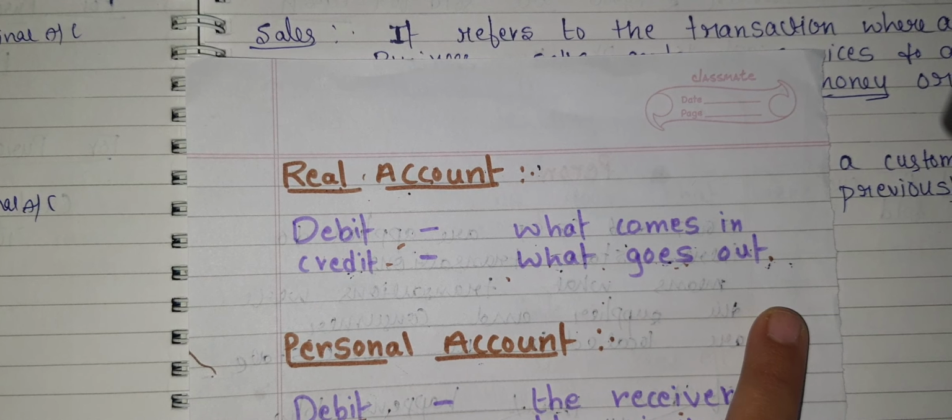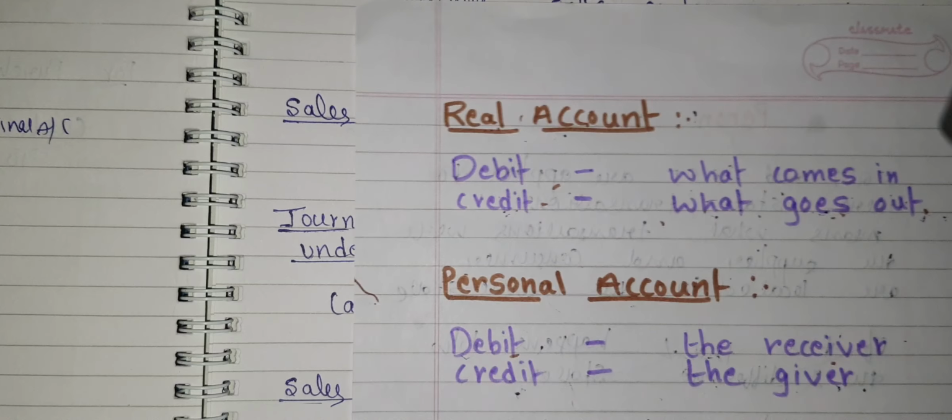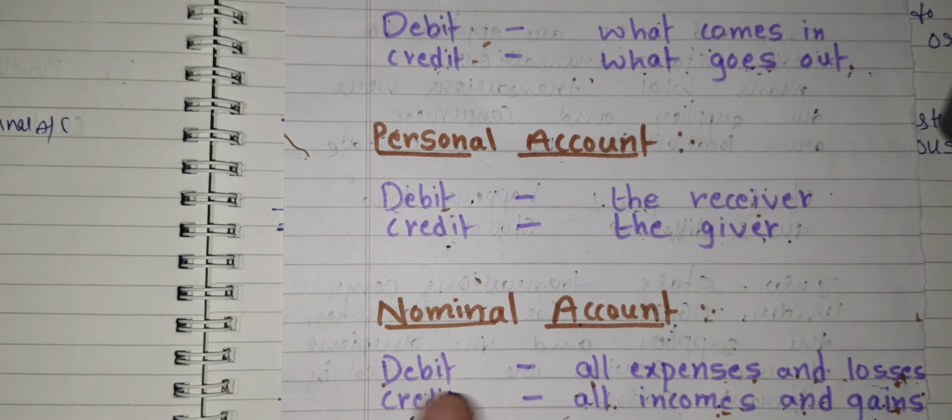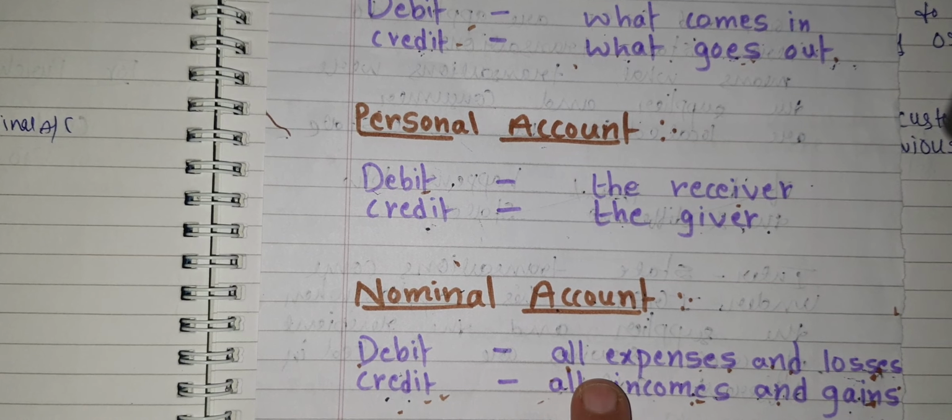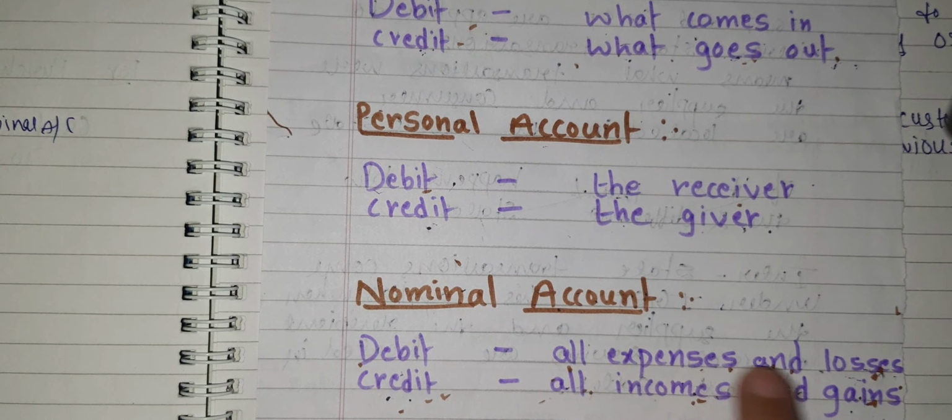Sales account falls under nominal account. So the rule of nominal account is debit all expenses and losses and credit all incomes and gains. Now we need the credit rule, that is all incomes and gains. So here we need to credit the sales account because it is an income.